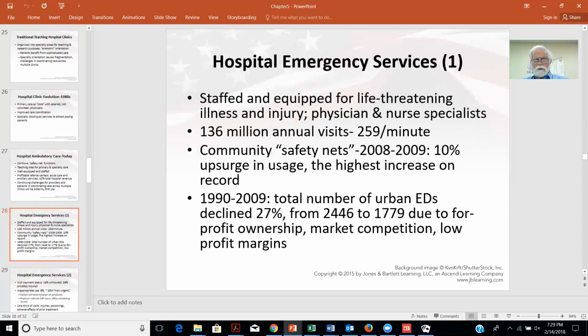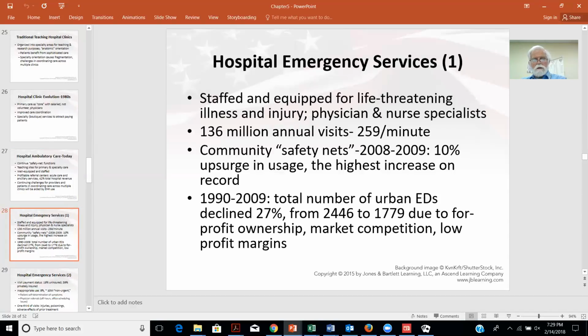Emergency services. Again, emergency services are a part of hospital. They usually are expensive because an emergency room in a hospital needs to be able to deal with everything from a life-threatening gunshot wound to a woman going into premature labor. And there are millions of visits.